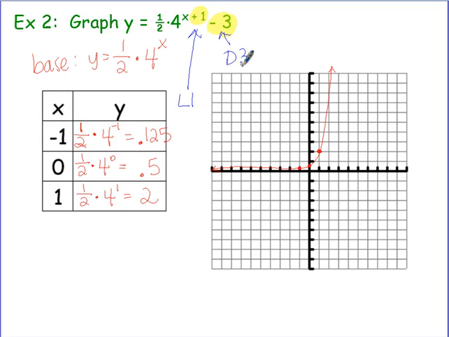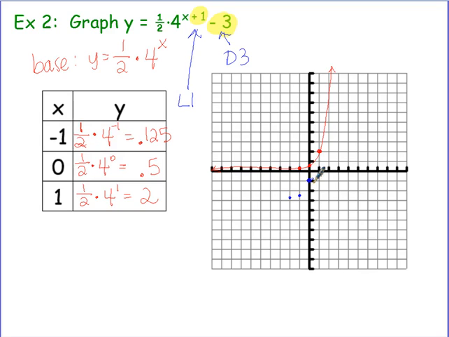So each point, put your pencil at the first one. Left 1, down 1, 2, 3. Left 1, down 1, 2, 3. Notice I'm staying like in the partial boxes. Left 1, down 1, 2, 3. So there's my 3 new points.